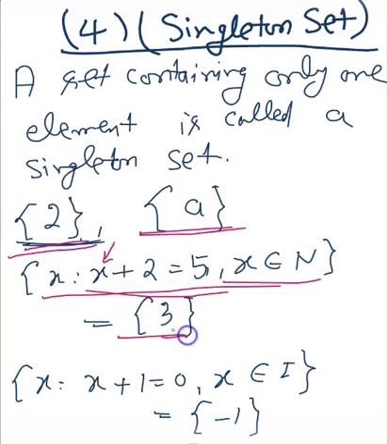So in roster form this would be like this, and there is only one element present in this, so it is a singleton set. Similarly, another example, x plus 1 equal to 0. Only x equal to minus 1 can satisfy this, right? No other value except minus 1 would be in this set. So this is again a singleton set.